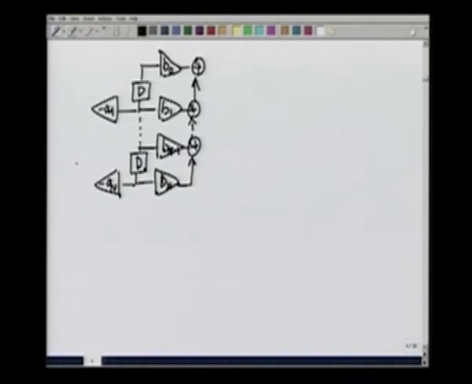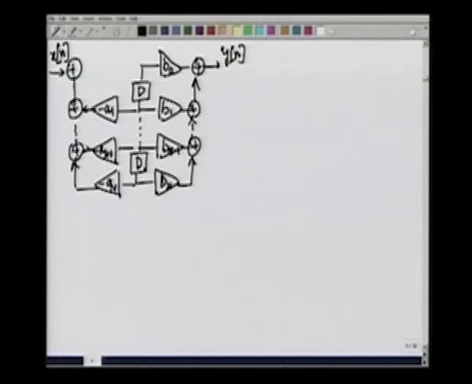On the left side, similarly, we had x[n], y[n] coming out of here, and finally 1 by A0 or A0 inverse being the term over here.